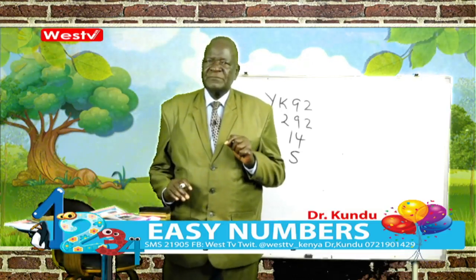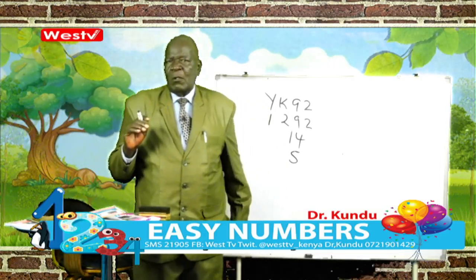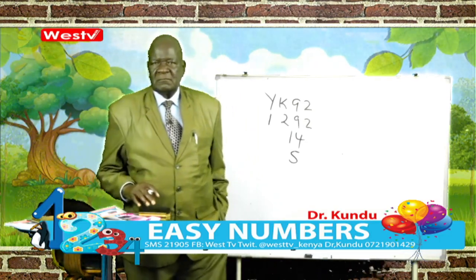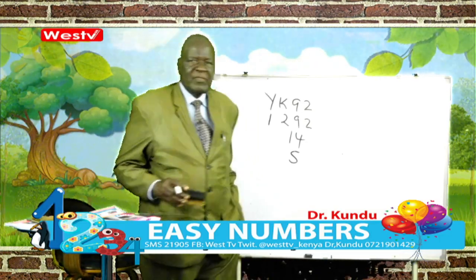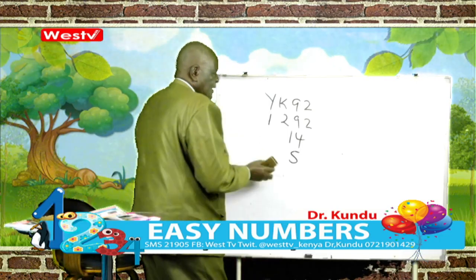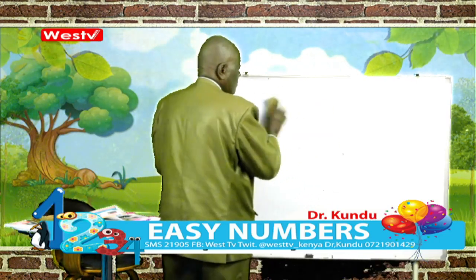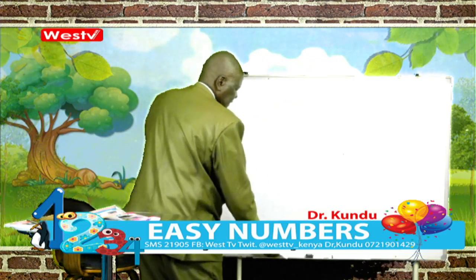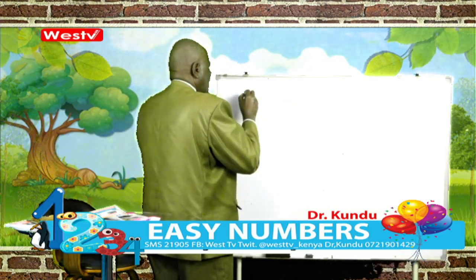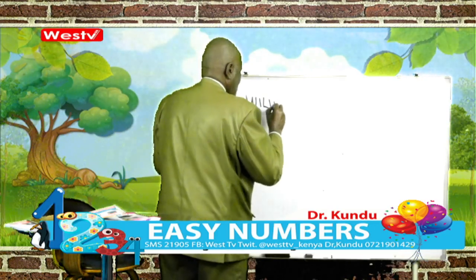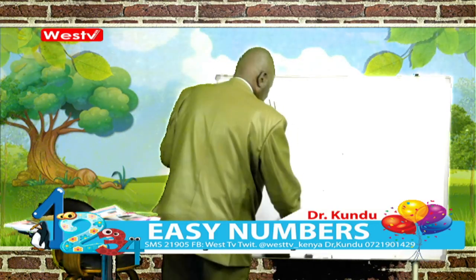Now, who is this young man? This young man who comes in YK92, let us see, he is probably William Samoei Ruto.